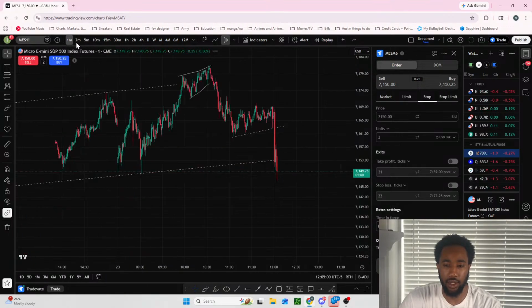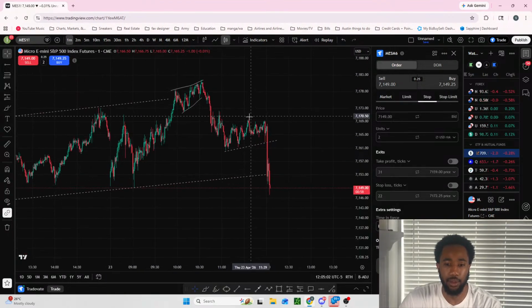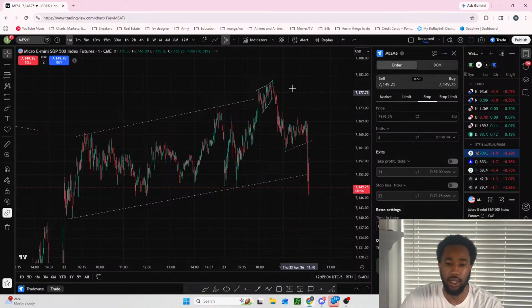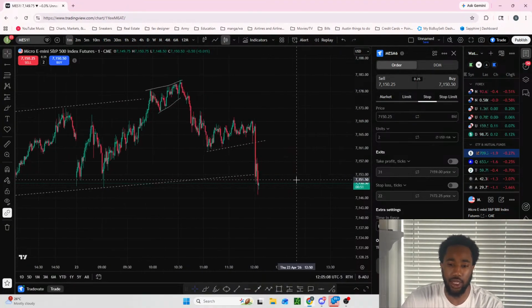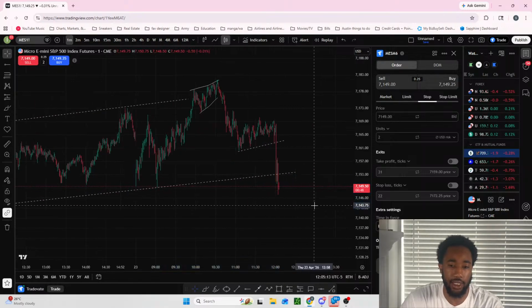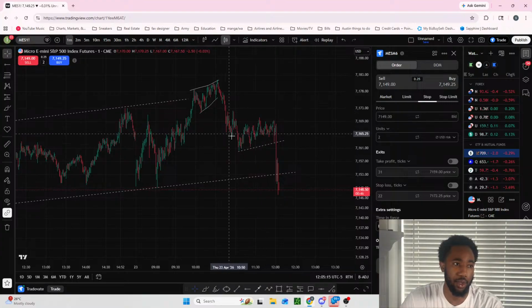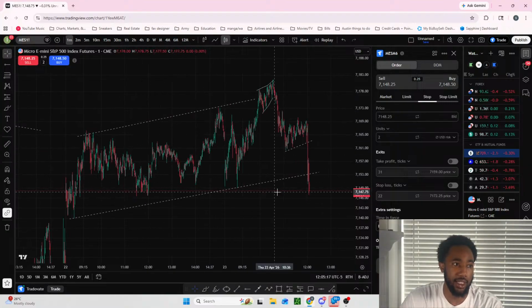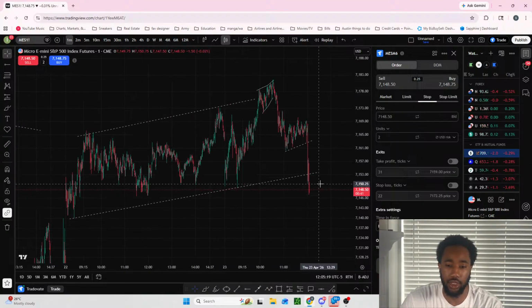I want to see confirmation. I want to see a build up. I want to see some confluence, which already has a lot of confluence, right? These continued sells, you could kind of jump in with more confidence, because boom, it broke here. Boom, it broke here. It's breaking out of this larger time frame structure now as well.